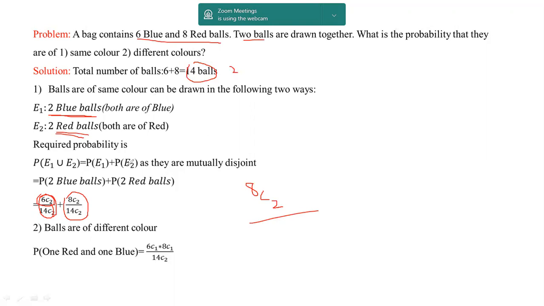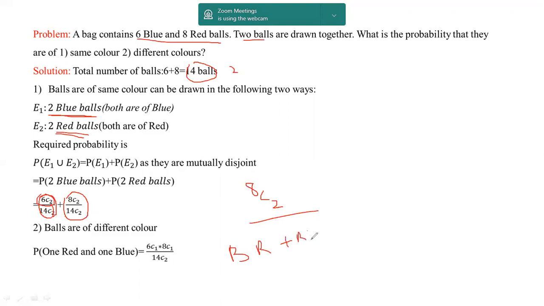Similarly, different color. Different color is nothing but the first one is blue and the second one is red, or the first one is red and the second one is blue. So the combination of getting two different colors is blue red or red blue.